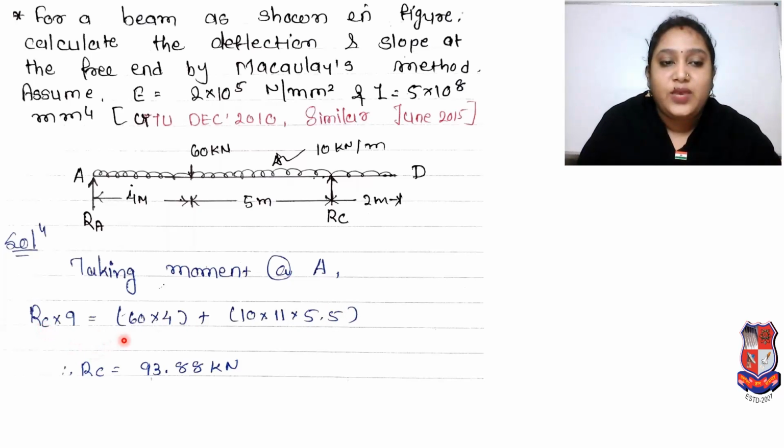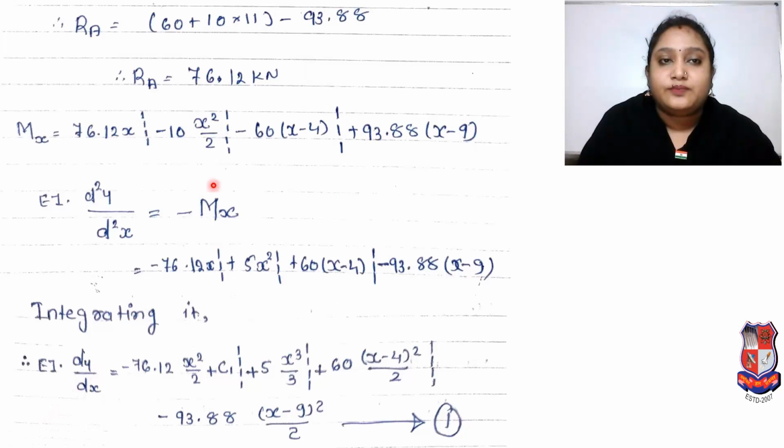So RC will be in bracket 60 into 4 plus 10 into 11 into 5.5 whole divided by 9, so RC will be 93.88 kilonewton. So RA plus RC is equal to total load. So RA is equal to 60 plus 10 into 11 minus 93.88, so RA will be 76.12 kilonewton.